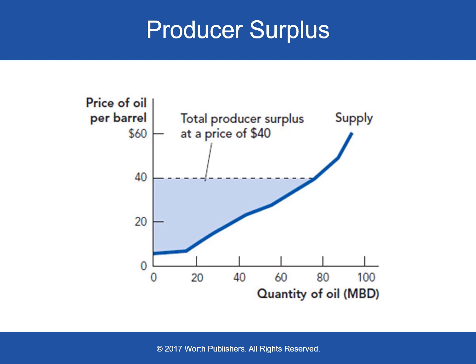That's $35 of profit. Now let's imagine we start moving to the right along that quantity of oil axis, and what we're doing is effectively we're moving from low-cost producers of oil to slightly higher cost producers of oil, then to medium cost producers of oil, and then on the far right we're getting into the territory of very high cost producers of oil.